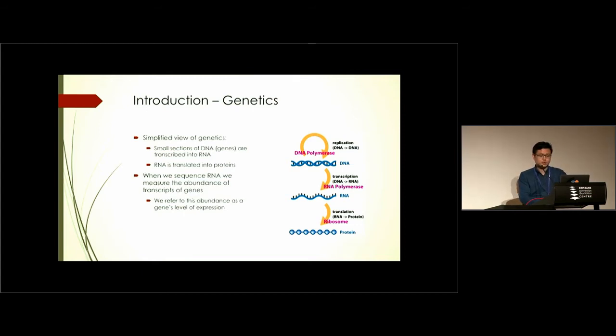So genes, as we refer to them, are basically just small segments on our DNA, and these are reflected by the RNA transcripts produced from the DNA. And RNA sequencing these days is just about sequencing these RNA molecules in order to quantify the amount of genes floating around in our cells, and that's what we're studying.